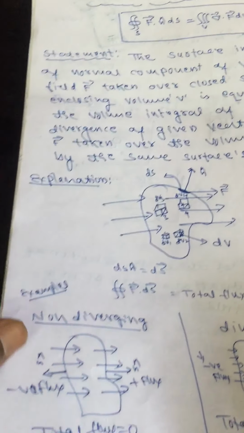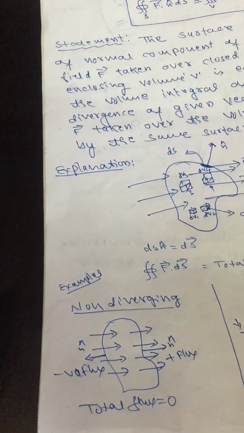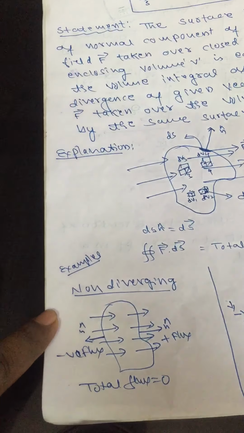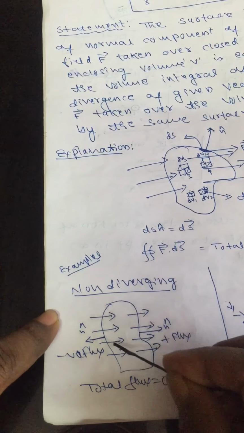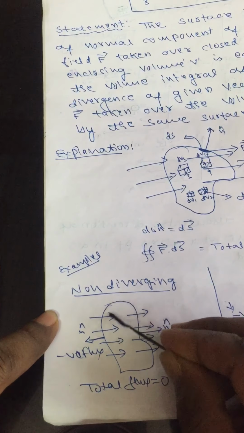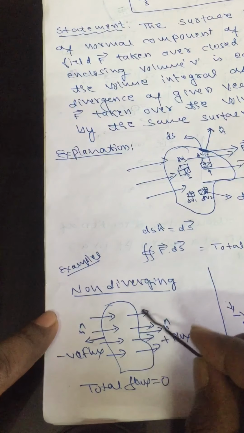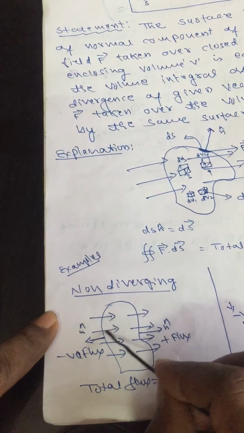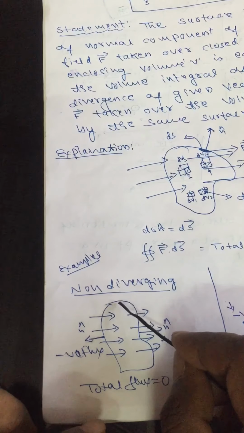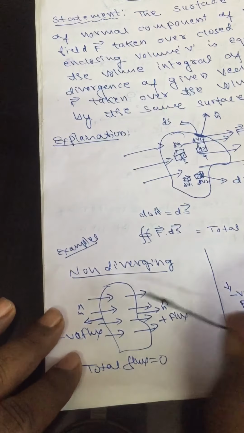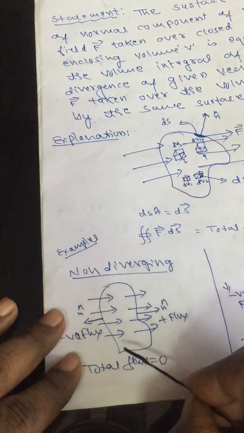You see, in the non-diverging case, here is a three-dimensional object placed in a uniform vector field. So there is no diverging, no converging, isn't it? You consider this closed surface.